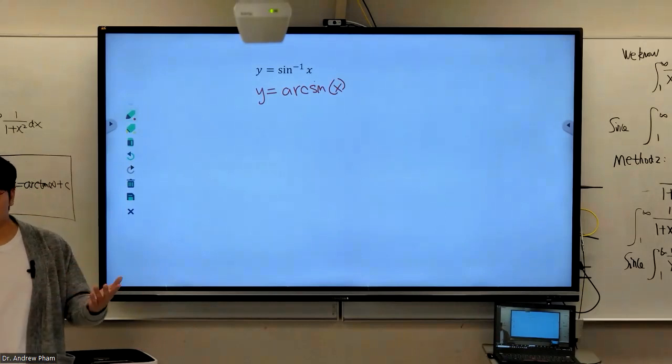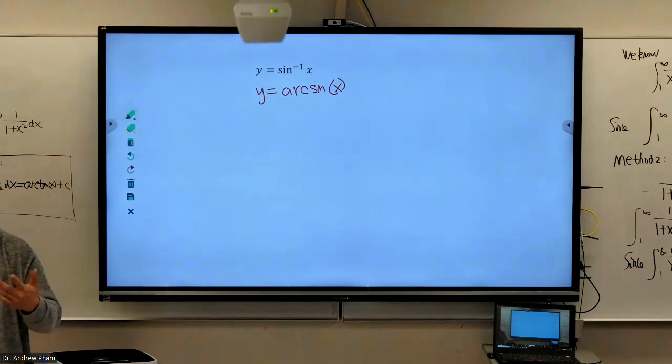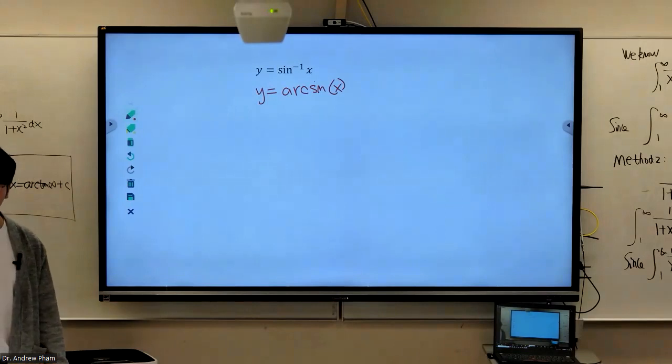Here we have the trig function sine, and you can either say sine inverse of x, or a lot of books nowadays say arcsine of x. It's the opposite operation, the inverse. It's kind of like how square root and square are opposite operations.